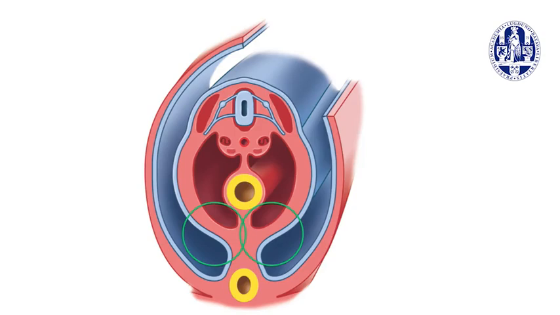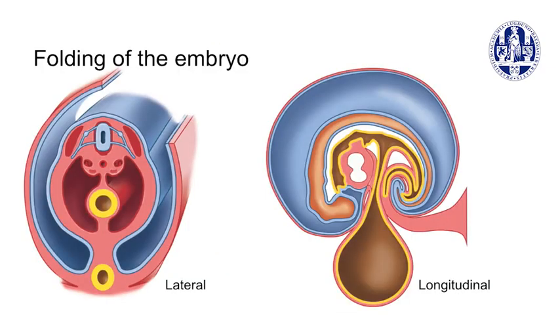Combining cranial caudal and lateral folding have now resulted in an embryo which is almost entirely enclosed by amniotic cavity, which will be filled with amniotic fluid. The somatic lateral plates all converge into a central point, the future umbilicus.